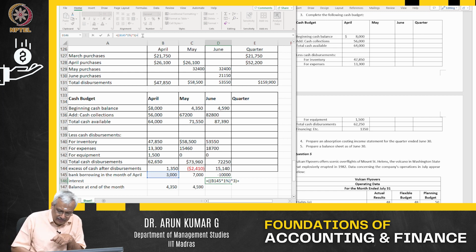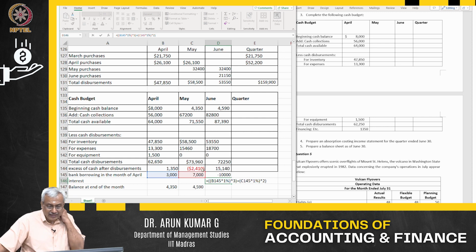Next, on this 7,000 that I borrowed, I have to pay 1% for basically 2 months because I am borrowing again in the beginning of this month.